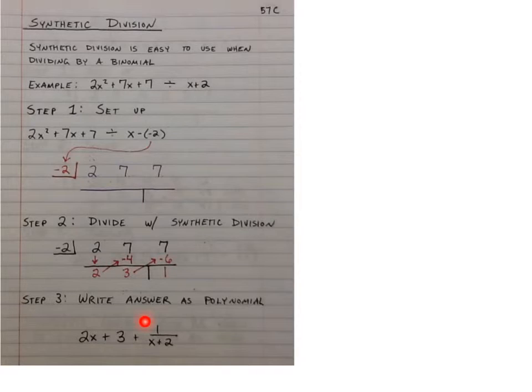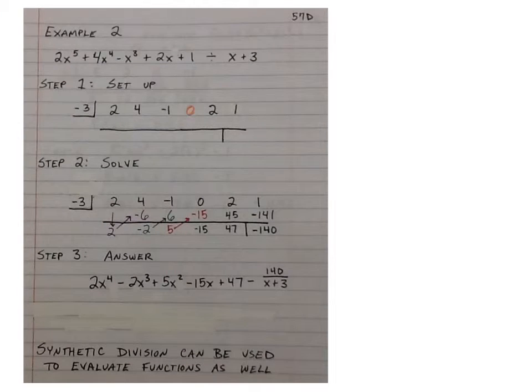On the next page, I'll show you an example of synthetic division with a slightly more difficult problem, but you'll see that it's just as easy to do. In this problem, we have a longer dividend, and our divisor is still a binomial. So the x plus 3, we know that 3 becomes negative when we put it in the box, and then we set up all the coefficients.